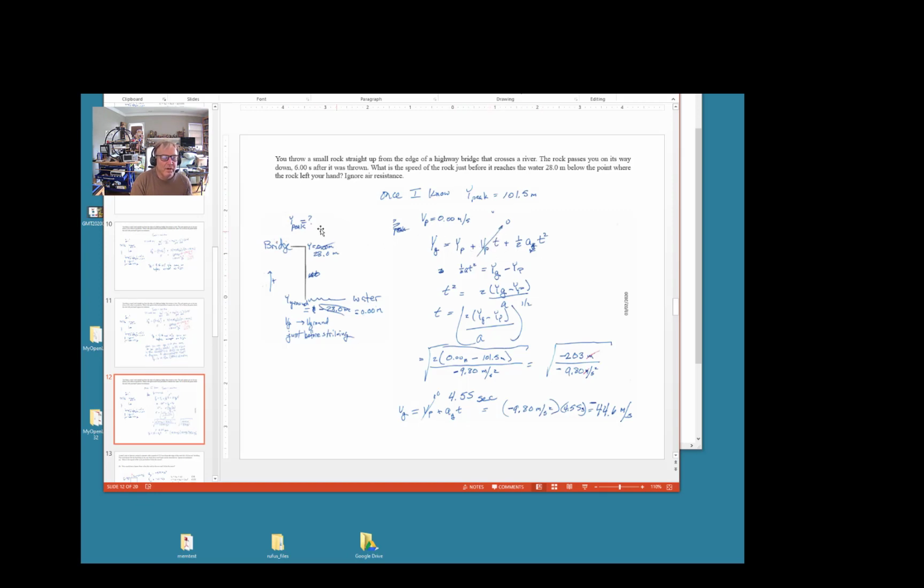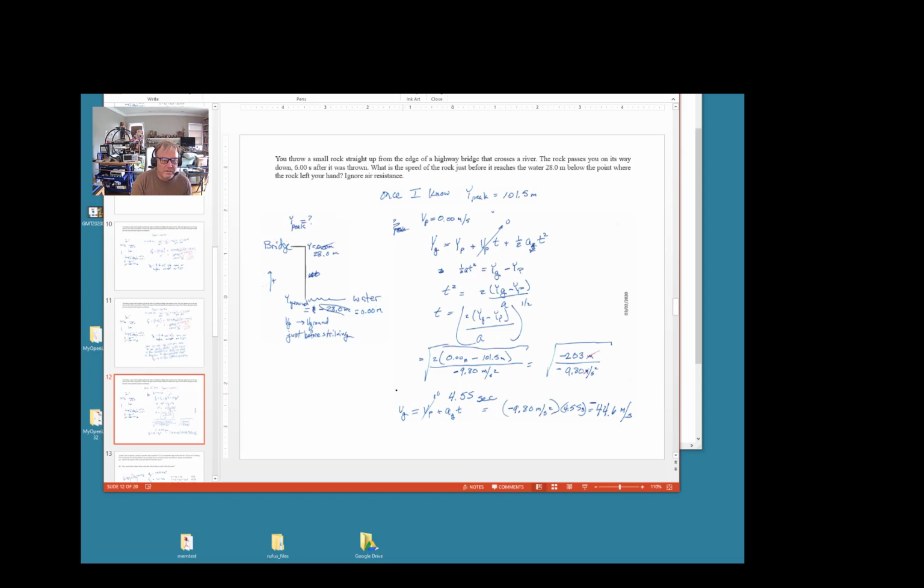The reason I wanted to get y peak is that I knew the velocity at the peak was 0, and that's good, so I can avoid the quadratic equation in this case and end up getting a time. Oh yeah, it's right here. I just kind of crowded it together.